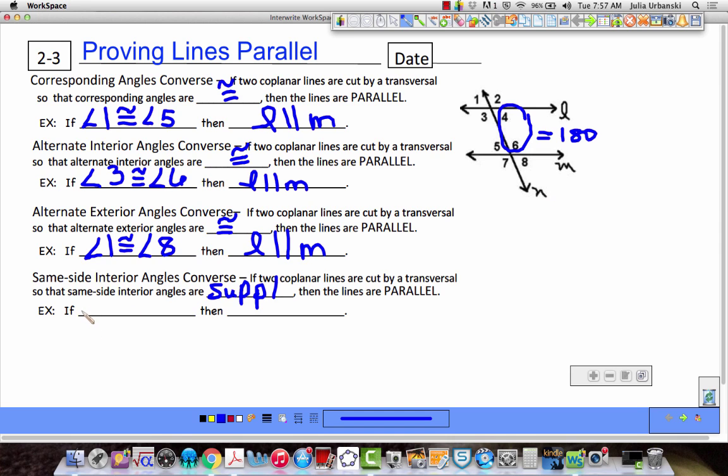So if the measure of angle 4 plus the measure of angle 6 equals 180, if we find that out somehow, then it follows the same side interior angles converse rule. Then the lines are parallel.